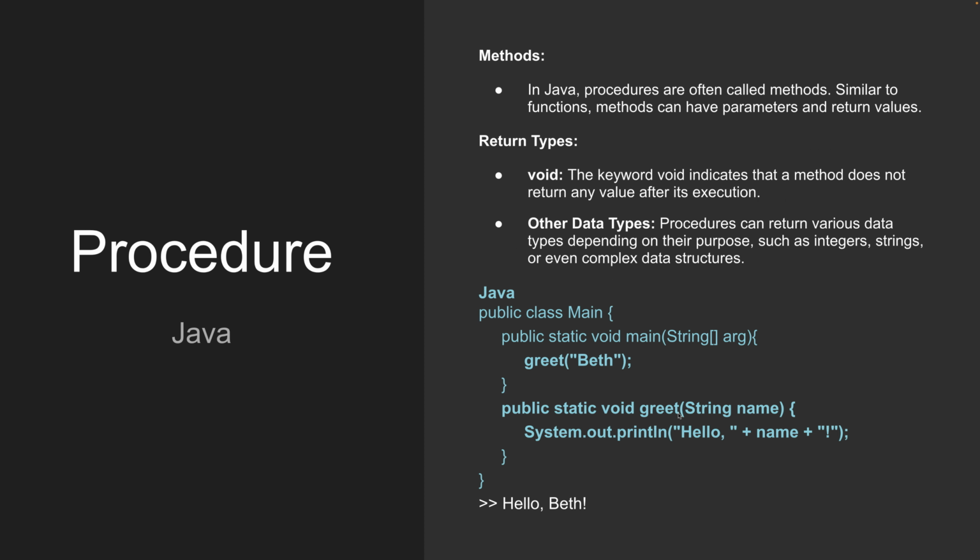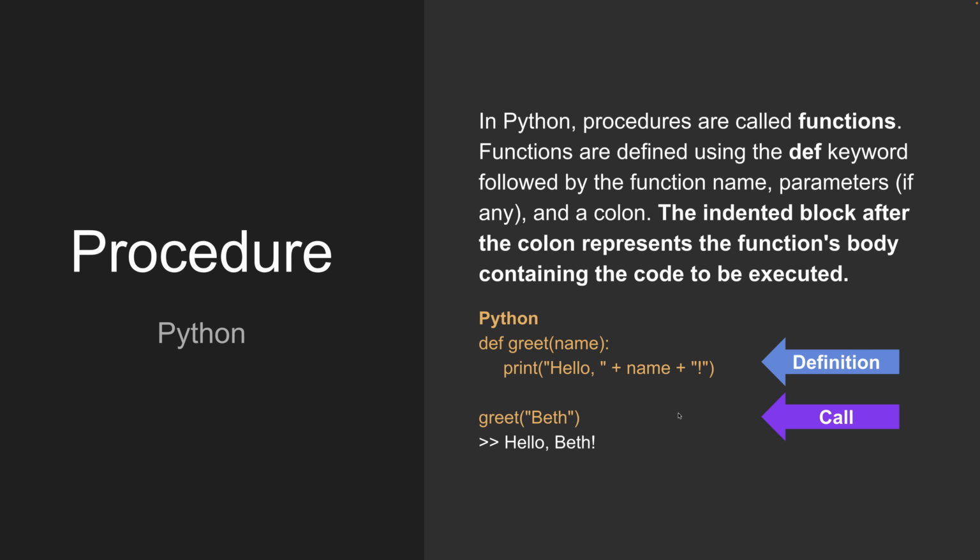Java works a little differently because they're often separated methods. The word for procedure in Java is method. And they work similarly. We have parameters and we have values. In this case, I have a task that I want this code to do, print, just like we have in Python.